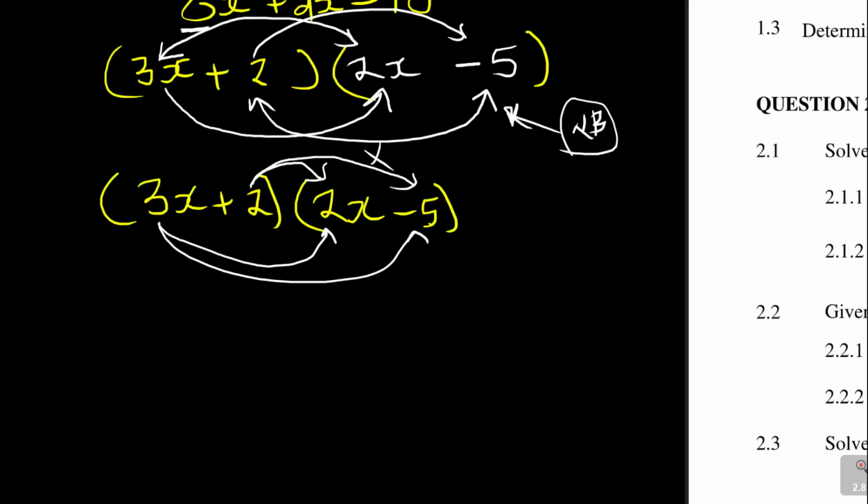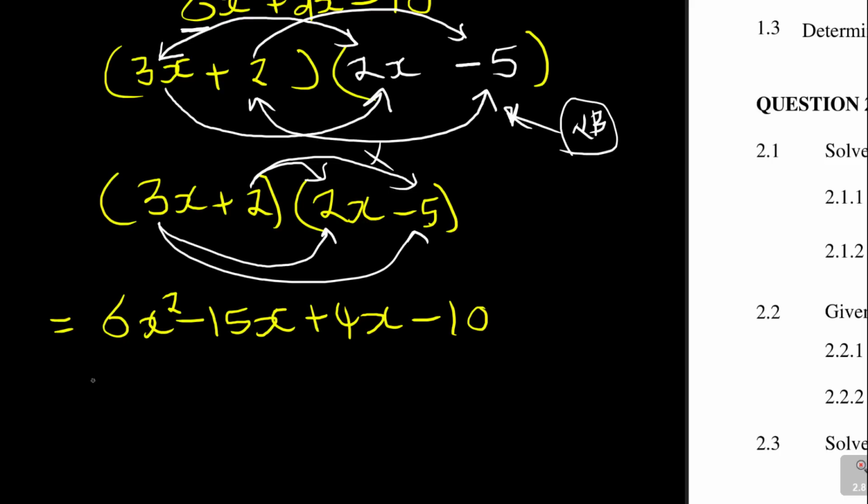3x times 3x, what do I have? We've got 6x squared. And then 3x times this, I've got minus 15x. See? Then 2 times 2 is plus 4x, and 2 times minus 5 is minus 10.